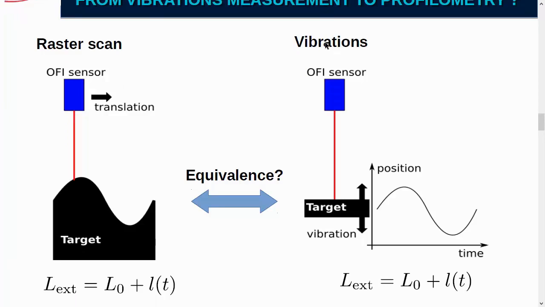On the right side of the figure, you see what you get when you have vibration. In both cases, you can consider that the distance between the laser and the target is just a constant term L0 and a varying term L(t).